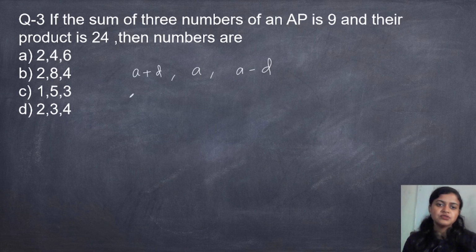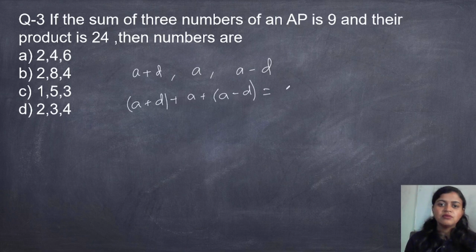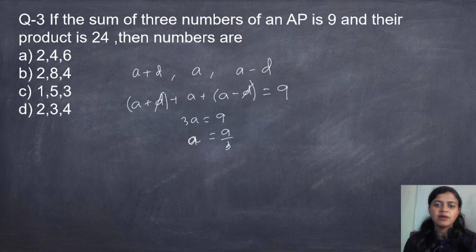If I add these, a plus d plus a minus d, the d and d cancel out, and we get 3a equals 9. That is a equals 9 by 3, so a equals 3.